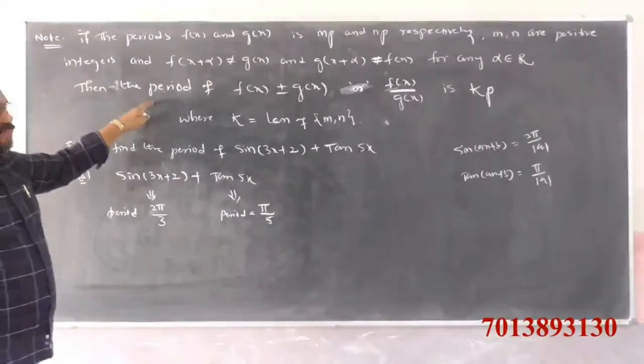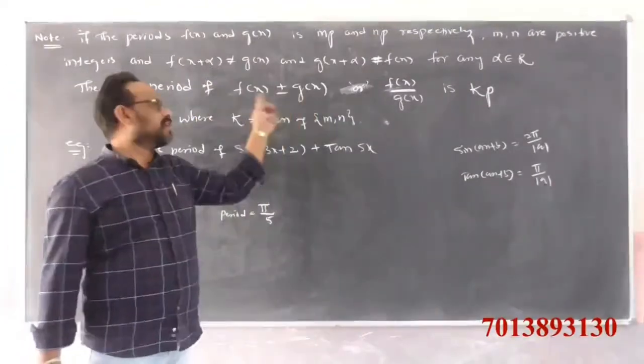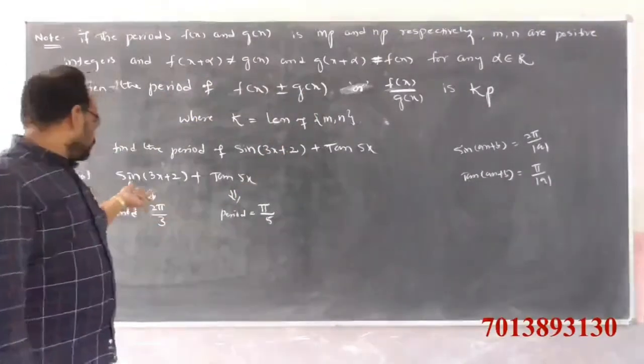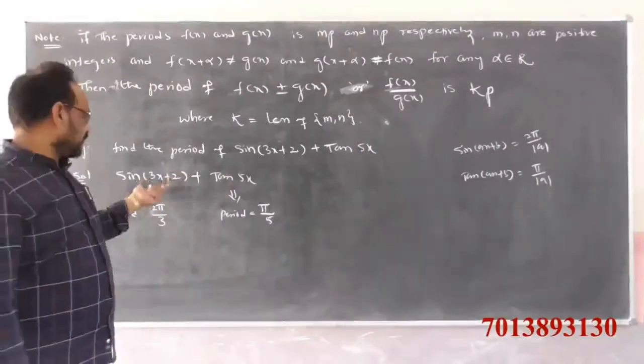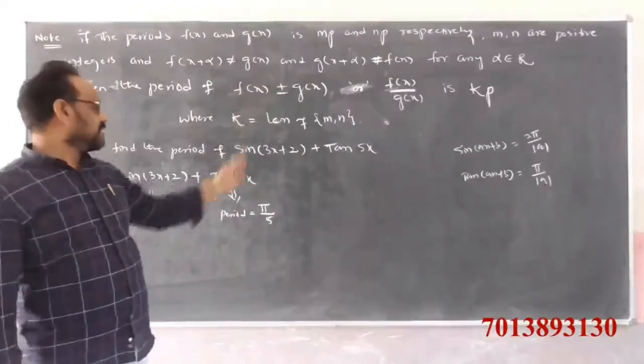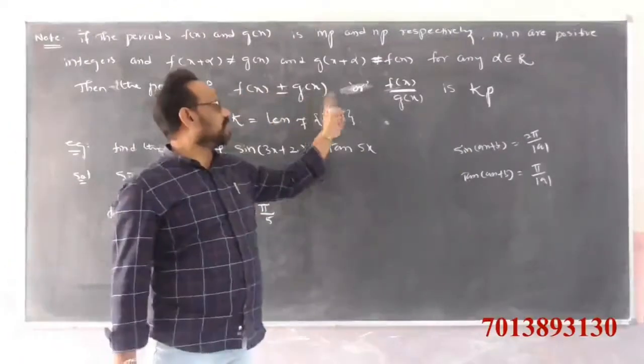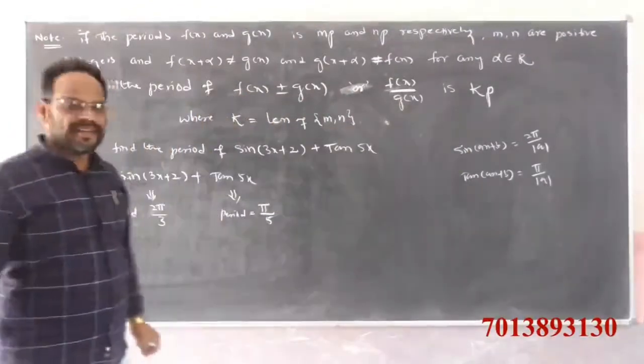Then the period of f of x plus or minus g of x, that is sin 3x plus 2 plus tan 5x, is clearly k p.